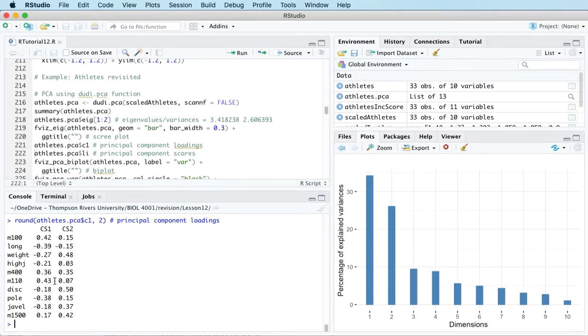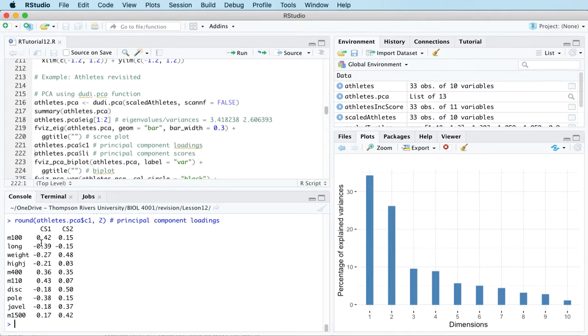If we look at the numbers for the first component, in terms of magnitude, they're all roughly in the same ballpark, between 0.17 as the smallest and 0.43 as the biggest, I think. Some of them are positive, some of them are negative.